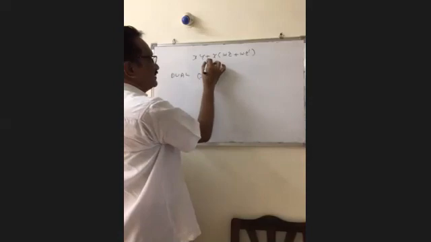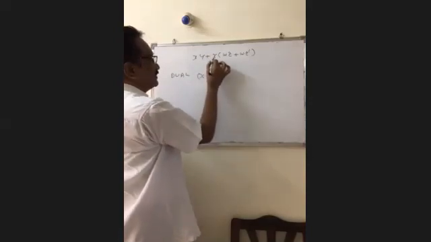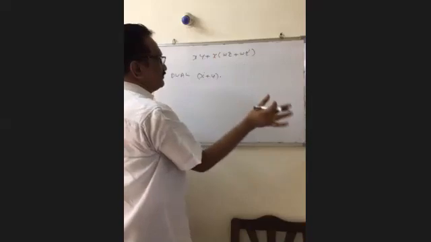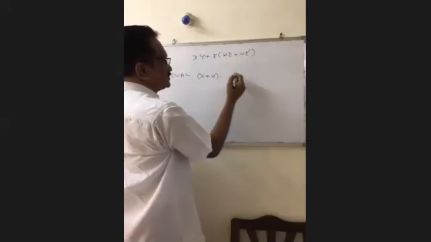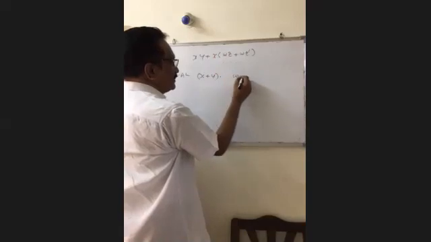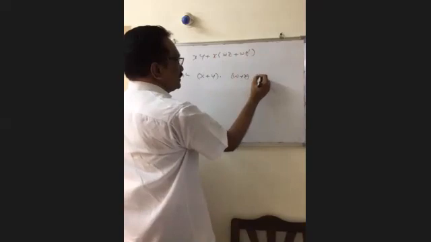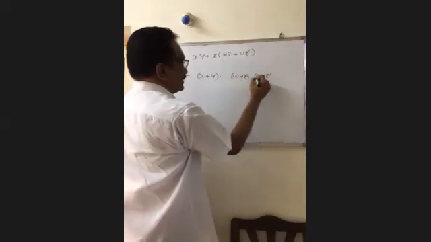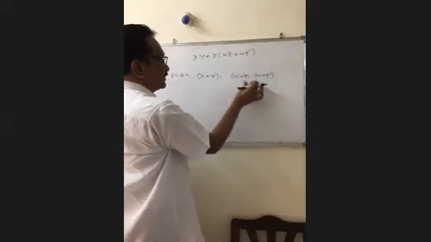Next, here also there is one AND operation, so convert that into OR: w plus z. Here also w plus z'. So the OR operation converts into AND.